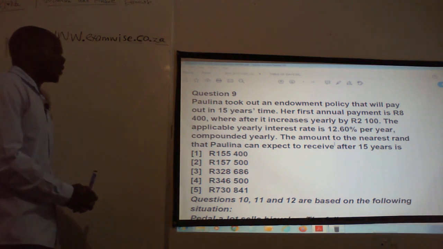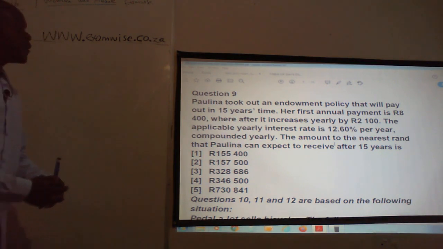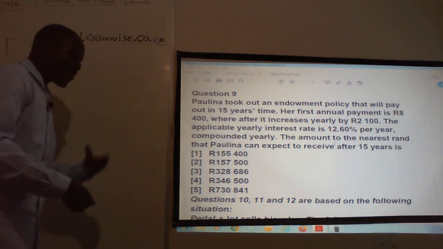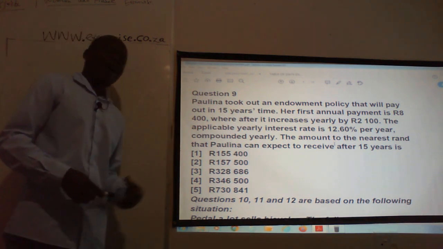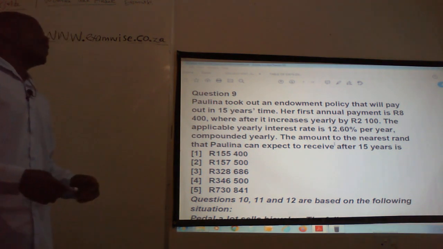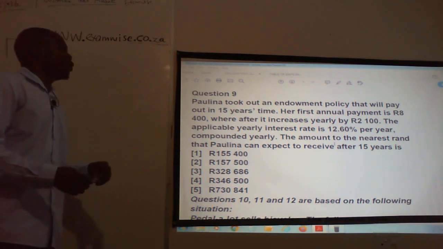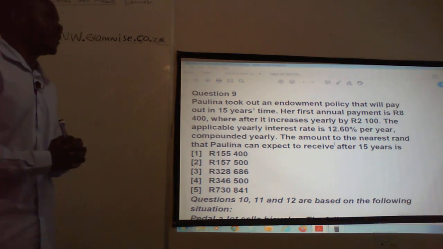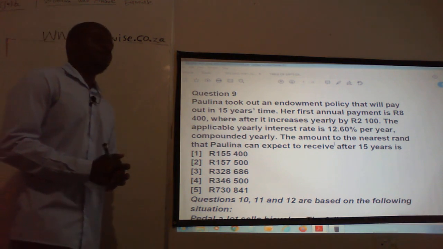And then the second question is, how are we going to calculate it? To determine that, we need to go back to the question. But now we know that we are required to calculate the future value.